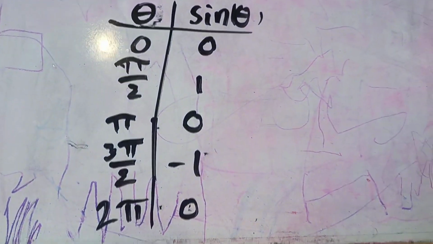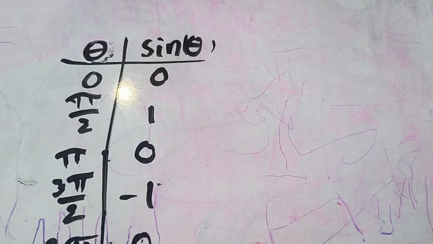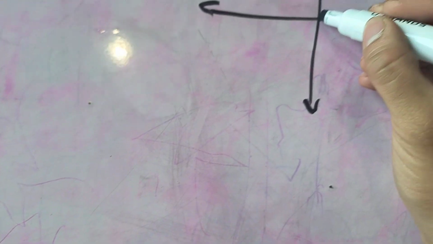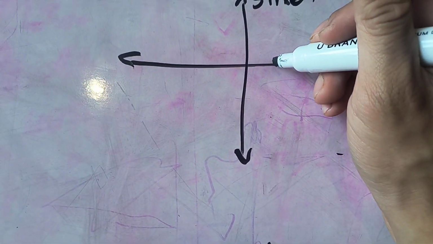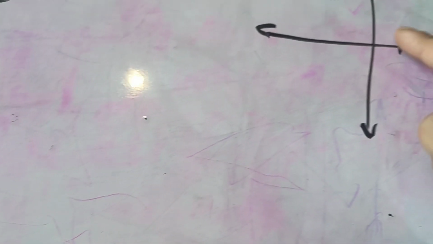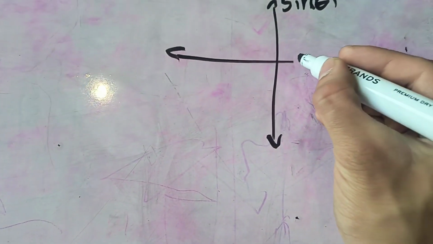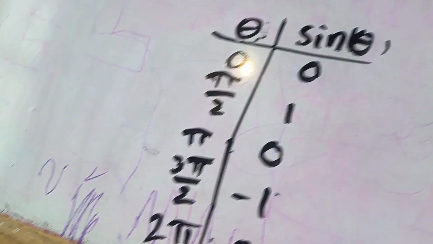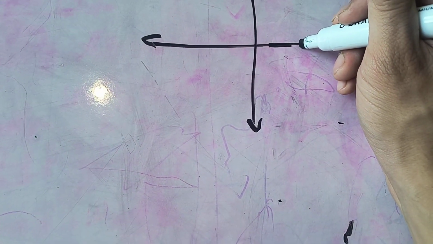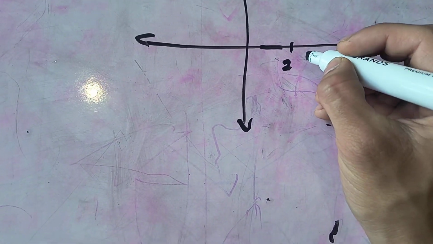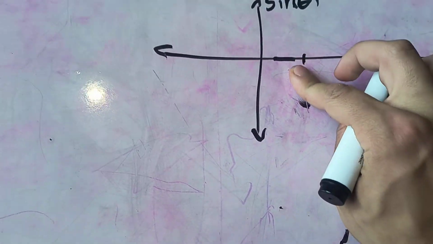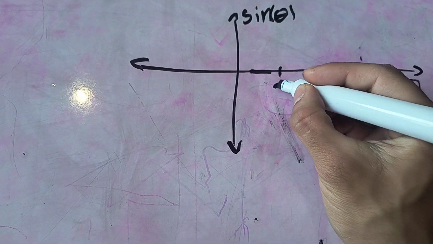Now let's graph this. Let us put these points. We have 0 right here. There's 1 right here. And then let's put pi over 2 right here. This is pi over 2, which is 90 degrees.